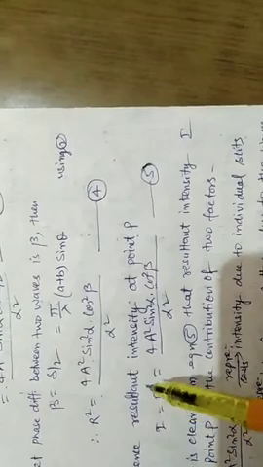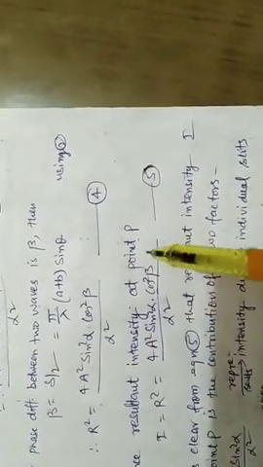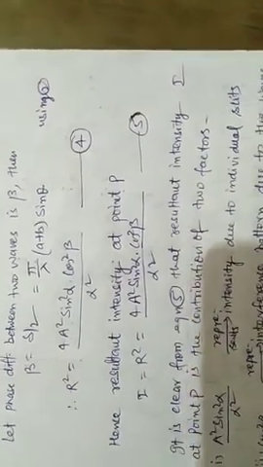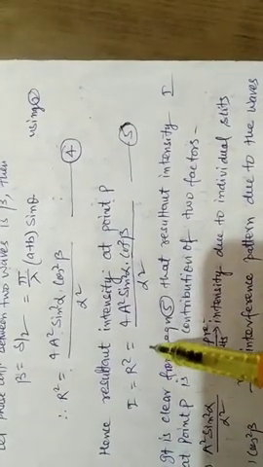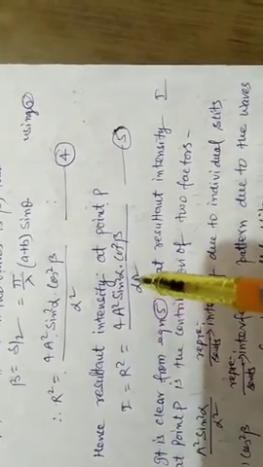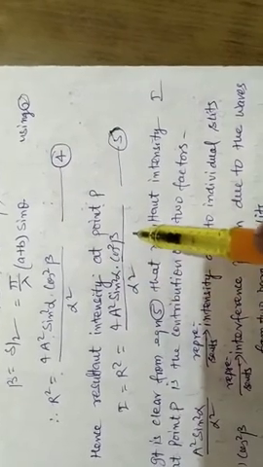This is equation number 4. Hence resultant intensity at point P, I is equal to R square is equal to 4 A square sin square alpha cos square beta upon alpha square. This is equation number 5.